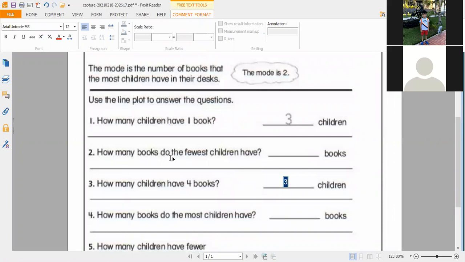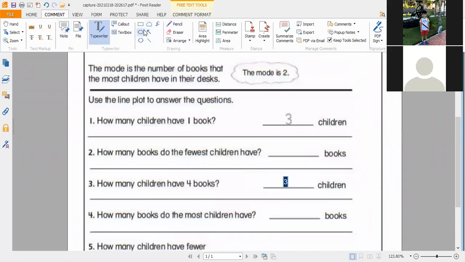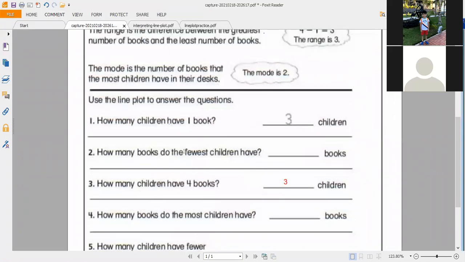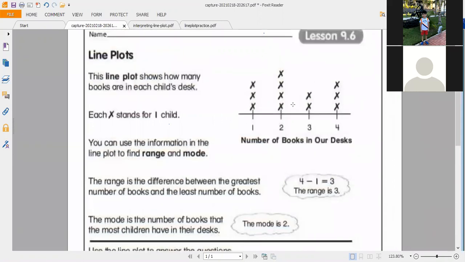Fewest children means the smallest number of children who choose books. That means I'm looking for the shortest bar, the shortest plots.